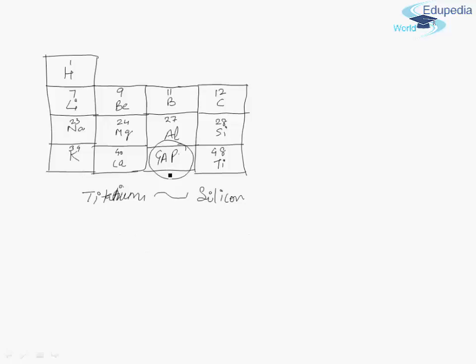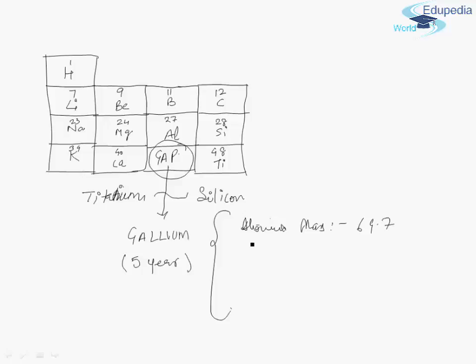That is, this gap was filled by the element gallium, which was predicted by him and was discovered 5 years on, with the atomic mass of 69.7, having density of 5.91 grams per cc, and the melting point is 302 kelvins with valency of 3 electrons.